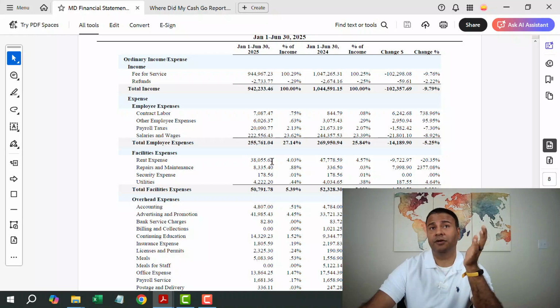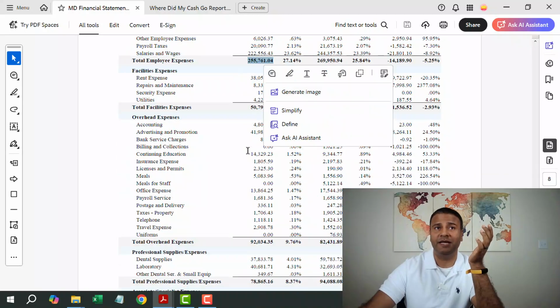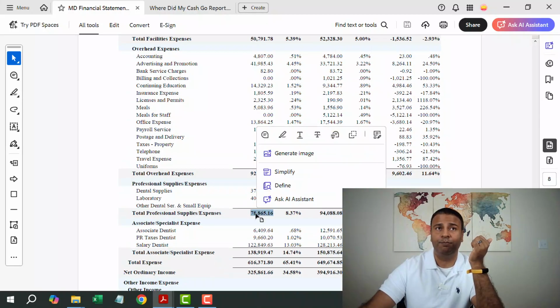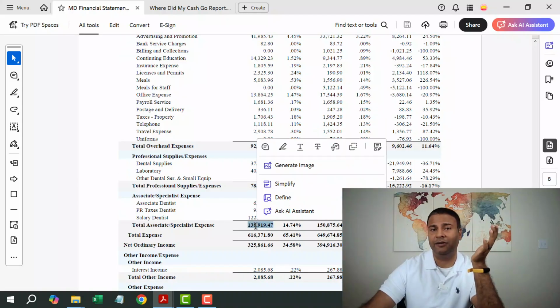Next, you want to look at expenses, each group, and figure out whether you are about the same or going up. If your income has gone down, if your collections have gone down, your expenses should generally go down as well, especially for employee expenses, professional supplies and expenses, and associate expenses, because these are directly related.